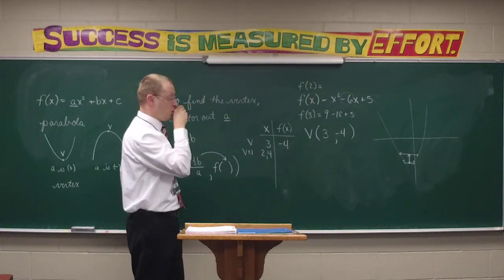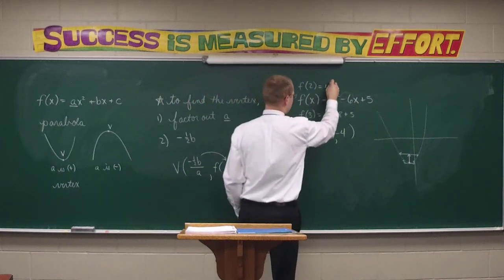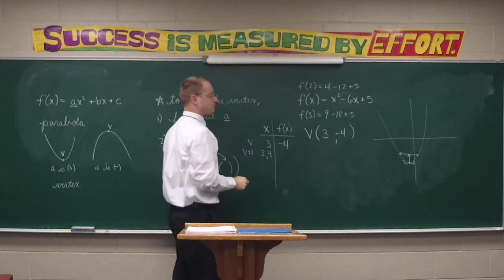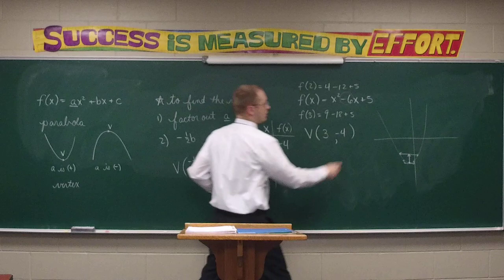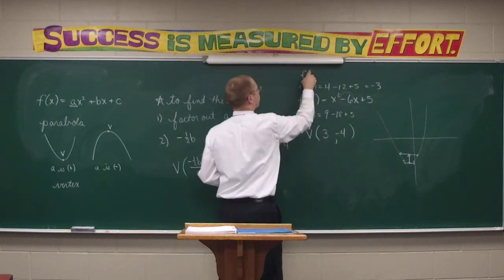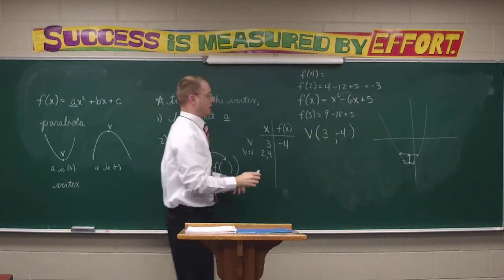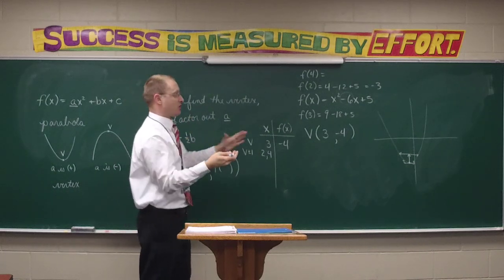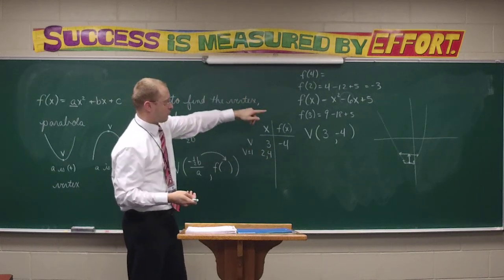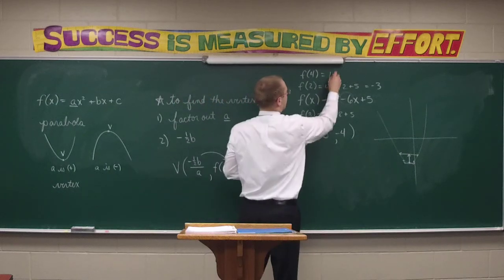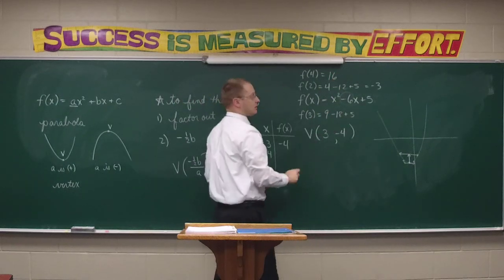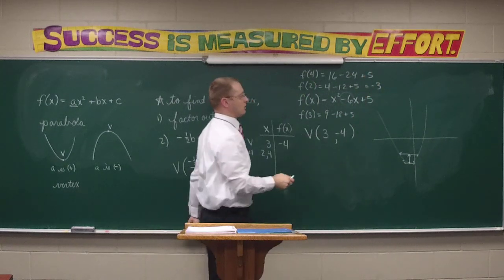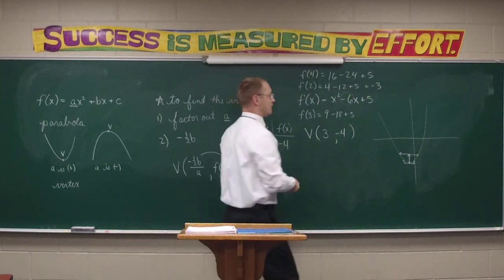Square the 2. 2 times negative 6 plus 5 is negative 3. f of 4 should also be negative 3 because you went backward 1 to the 2. If we go forward 1 to the 4, we should get the same thing. Let's plug that in. We square the 4. We multiply 4 times negative 6. And we add the 5, and that still gives us negative 3.